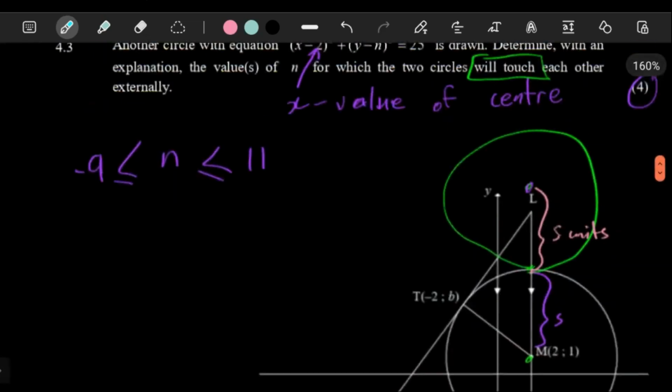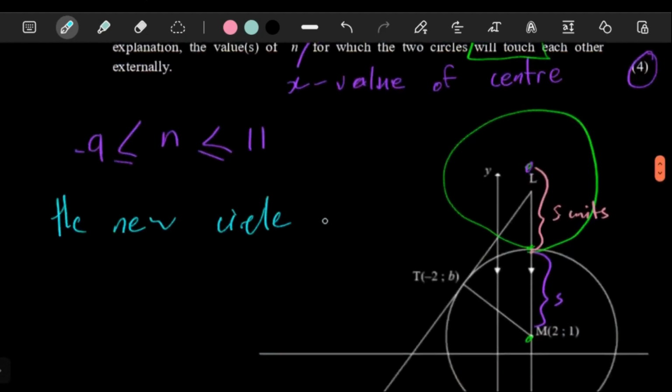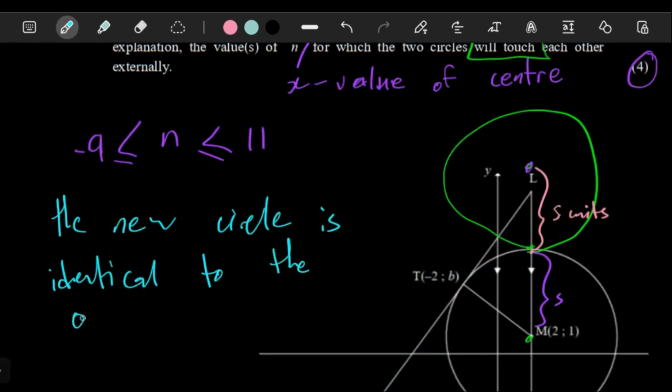So we can say something like: the new circle is identical to the original circle.